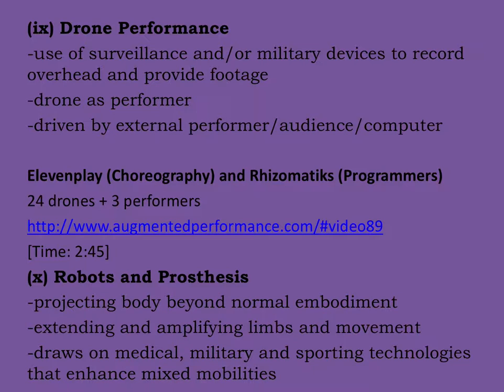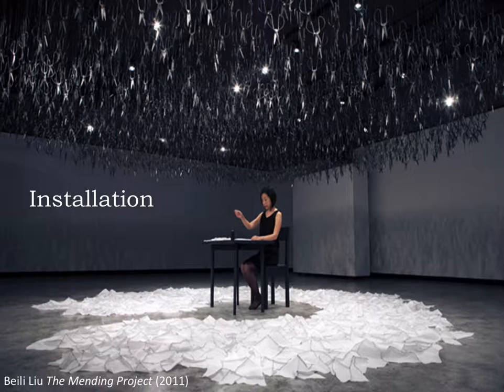Installation is a 21st century practice that steps away from the constraints of the theatre and where there's an emphasis on the spectator's immersion. Here we have Billy Liu in a gallery space, the Mending Project. And so they're all scissors, as you can see, suspended from the ceiling. It's quite beautiful, really.